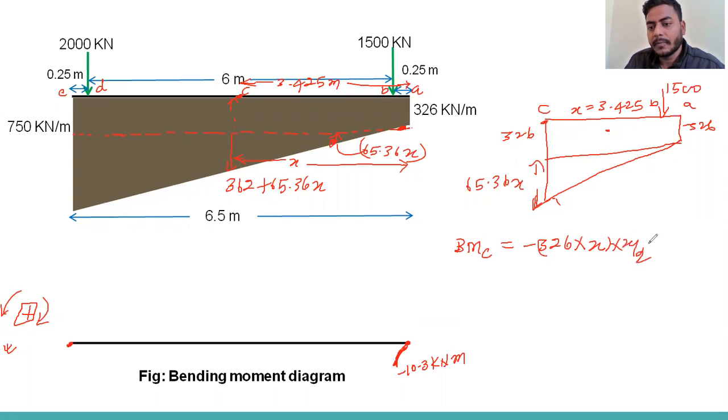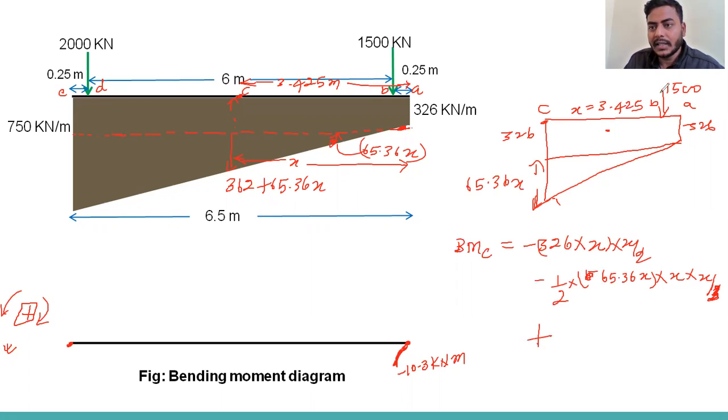So x by 2 minus, I'm writing for this triangle, half into 65.36x into distance x. And what will be the center of gravity distance from this C? That will be x by 3, right?